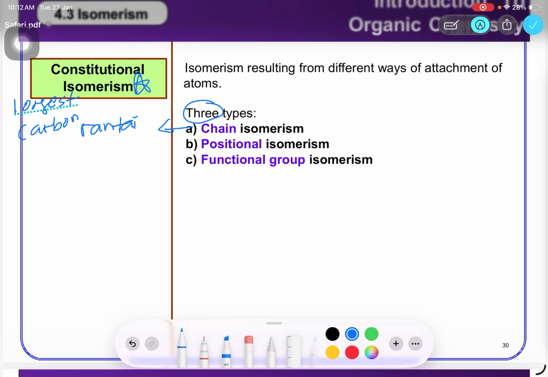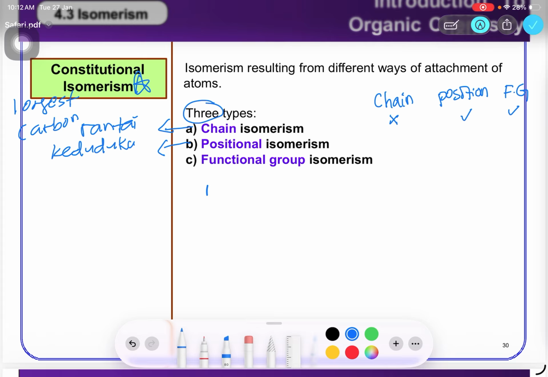So normally, if it is a chain isomer, the longest carbon chains will be different, but the position of the functional group and also the functional group will be similar. Okay, so from the word positional, we understand it is from the word kedudukan.